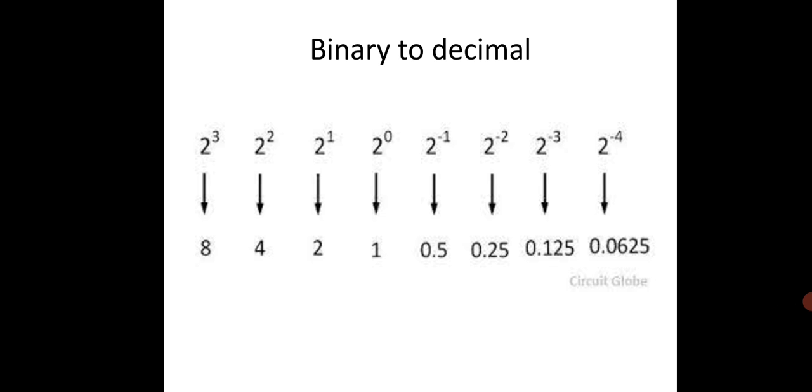And for the decimal point, that is the fractional value, 2 raised to minus 1 is 0.5, 2 raised to minus 2 is 0.25, 2 raised to minus 3 is 0.125, and 2 raised to minus 4 is 0.0625.